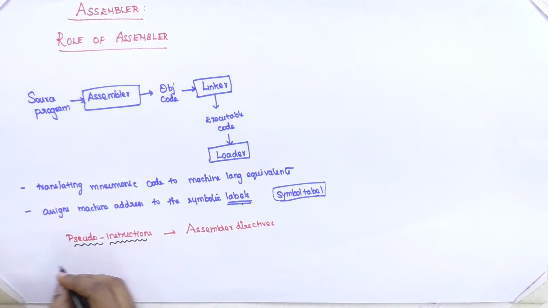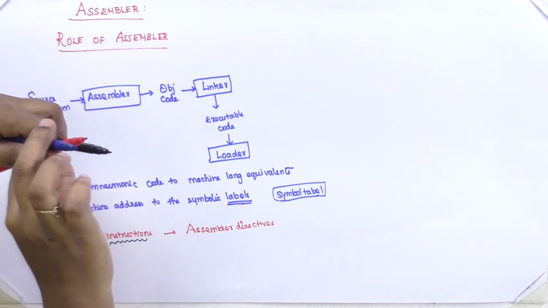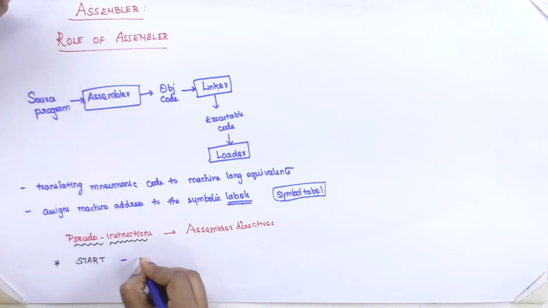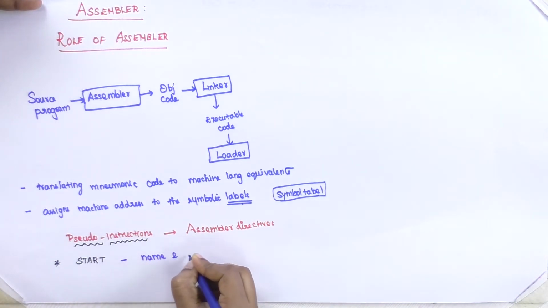Now a lot of assembler directives are available. In basics we will study the first 6 assembler directives. First assembler directive, START. The purpose of the START assembler directive is that it specifies the name of the program and the starting address of the program.